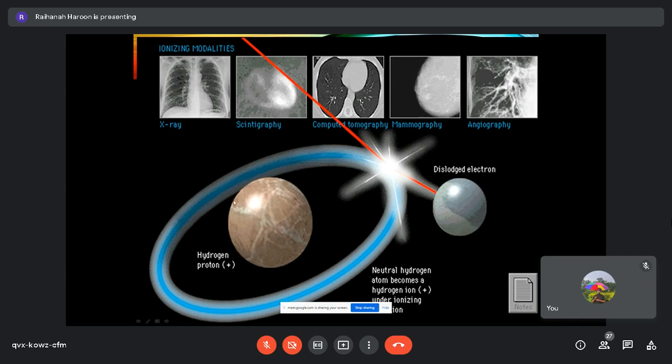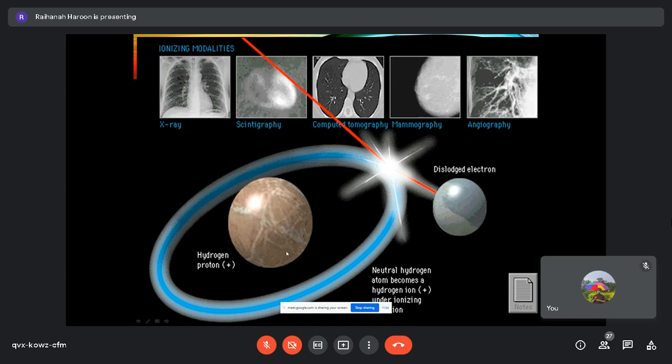And what happens is that all these atoms, the hydrogen, carbon, oxygen, are initially in their stable state. But X-ray production happens when the radiation actually hits and dislodges one electron out from its orbit. And that will be different.